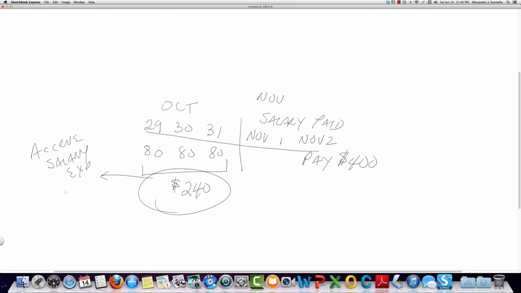And it is not recorded at the end of the accounting period. And again, we're assuming that the end of the period is here. So it's not recorded here, actually paid in November.